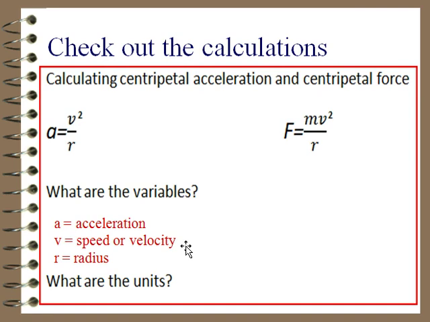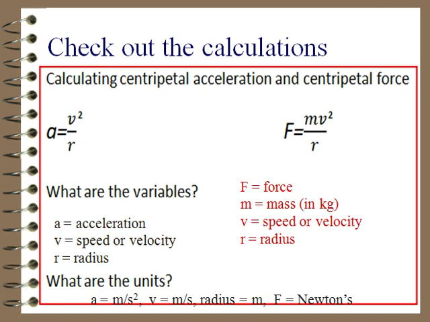Okay, what are the units for all of these? Oh wait, let me figure out the stuff for the force one too. F is force, m is mass. It has to be in kilograms, can't be grams, you'd have to convert it. Speed is in meters per second, and you'd have to convert that too, and radius has to be in meters.